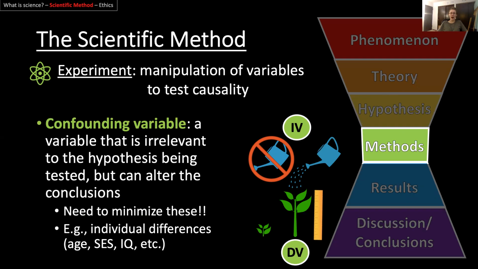So they're kind of the behind the scenes, sneaky, extraneous variables that we need to try to minimize. So this might be things like any sort of individual differences you can think of, things like differences in age. So if you have a sample that's largely older than the other, maybe age and growth in general is the factor that's actually contributing, or socioeconomic status, IQ, things like that. So we want to minimize these.